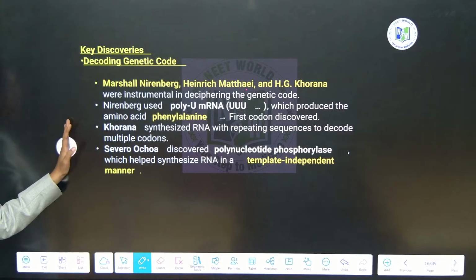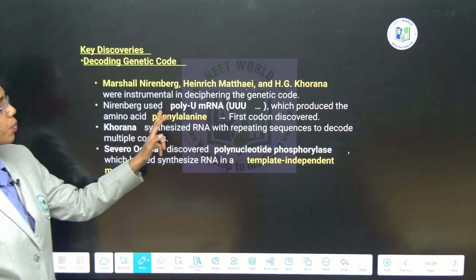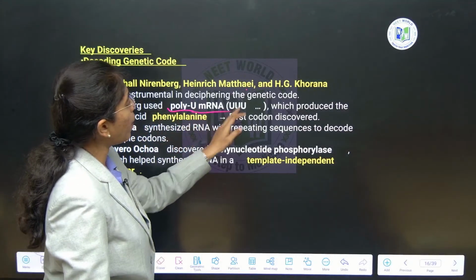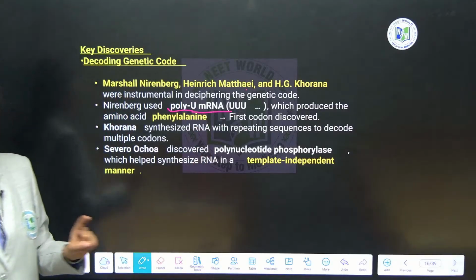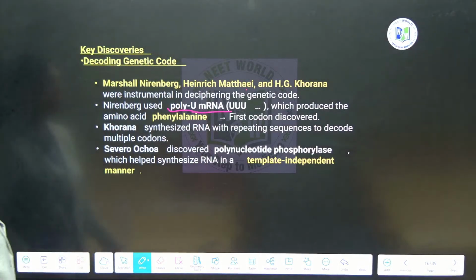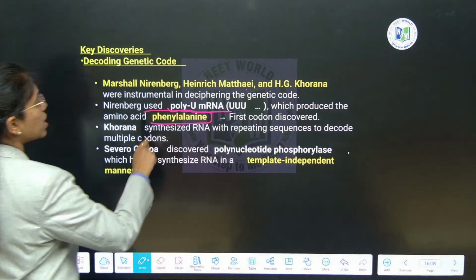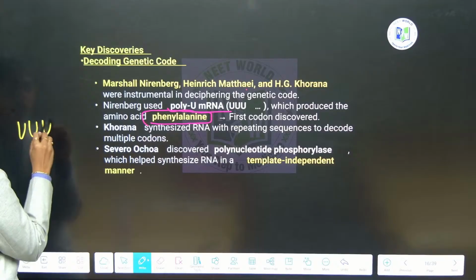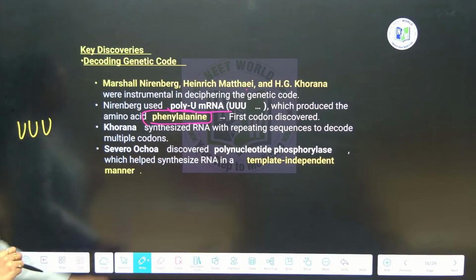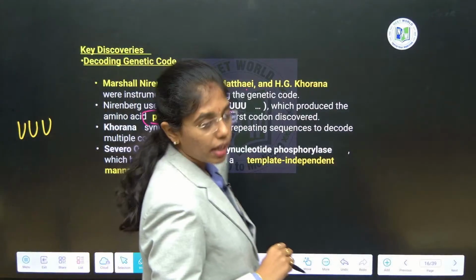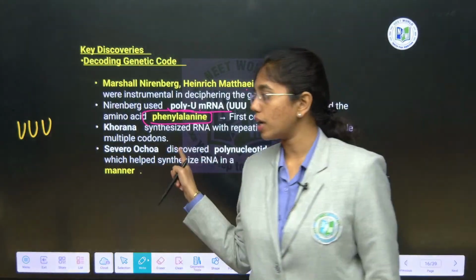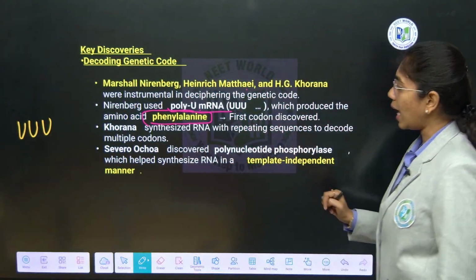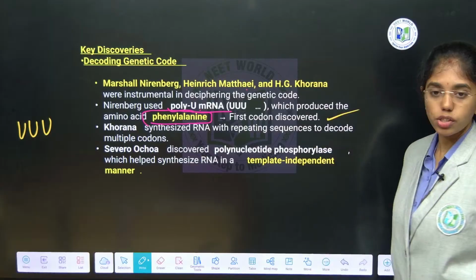Nirenberg used a poly-U mRNA chain for the synthesis of one amino acid, phenylalanine. If you see the table of genetic code, UUU codes for phenylalanine. So the poly-uracil mRNA chain codes for phenylalanine, which is the first codon that was discovered.